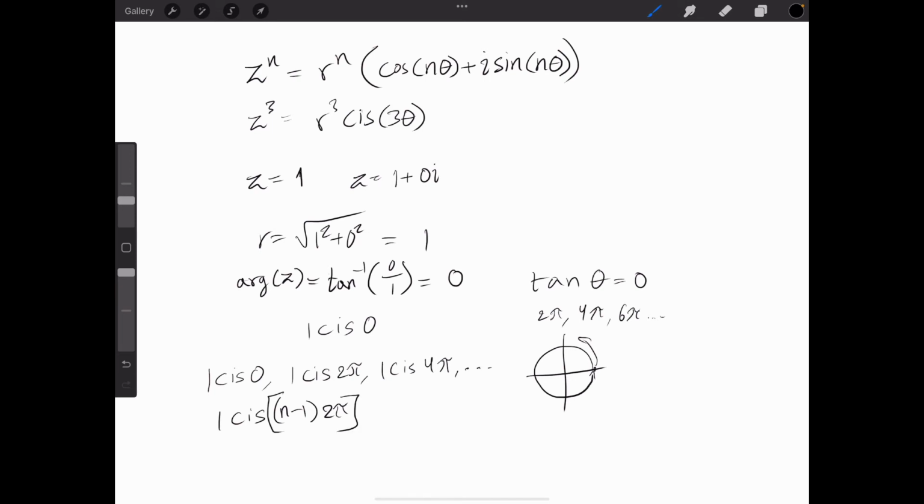This gives you basically every single way that you can write 1 as a complex number in polar form. And there will always be n solutions, or n different ways that you can write it. So this gives us something really interesting, because we can find something called roots of unity.